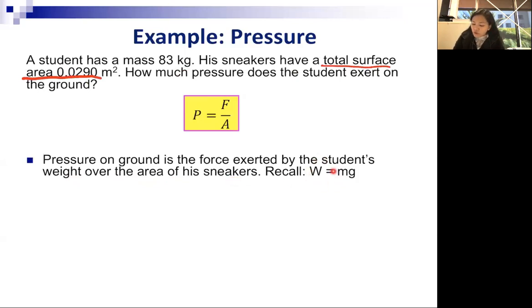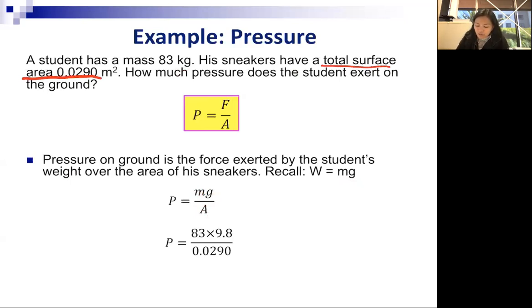And recall that the weight is equal to mass times gravitational acceleration. So the student's weight is distributed over the surface area of the sneakers. So then pressure is equal to the weight, mass times gravitational acceleration, divided by the area of the sneakers.